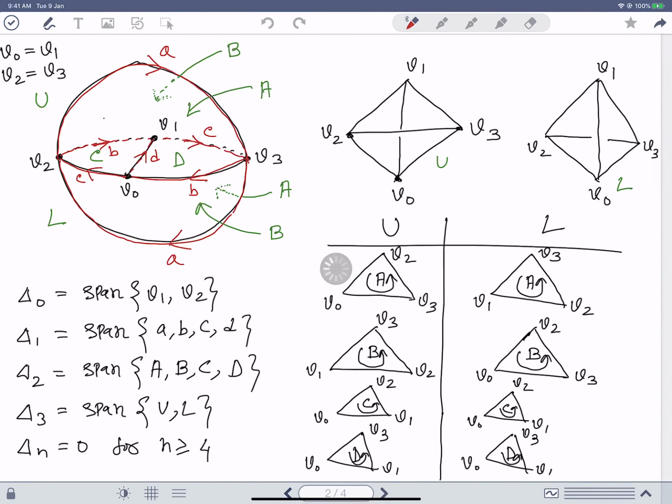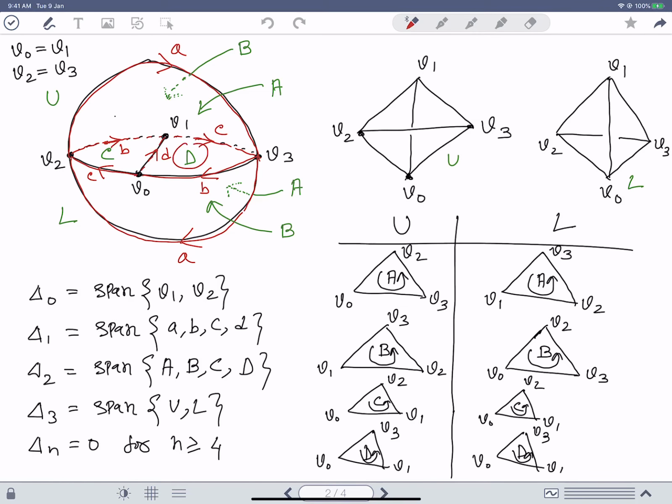Okay, so this is my D. So V0 to V3 we have B the reverse way. Okay.